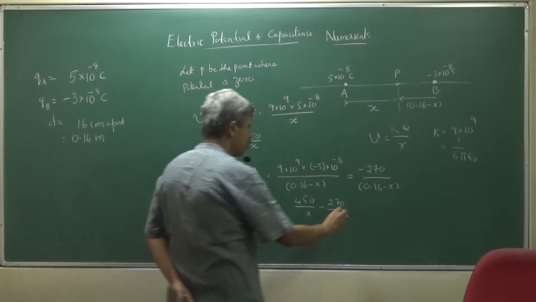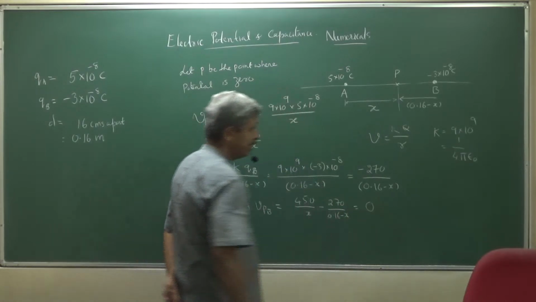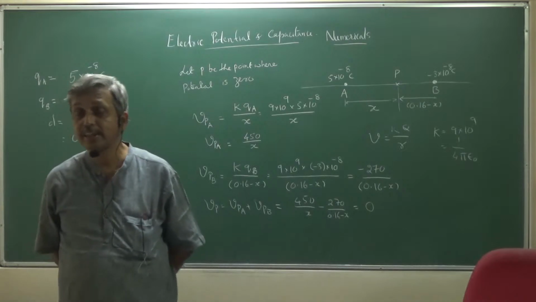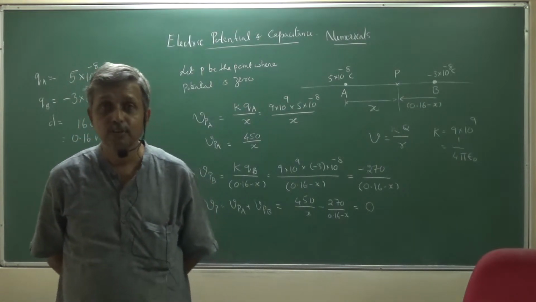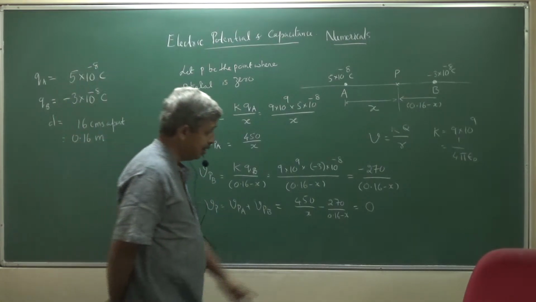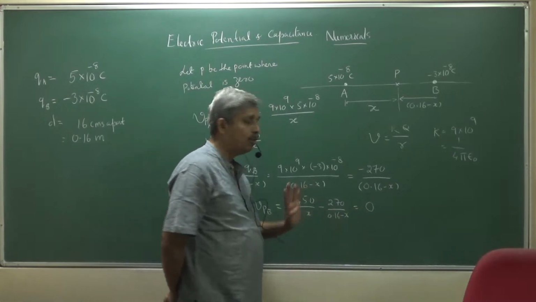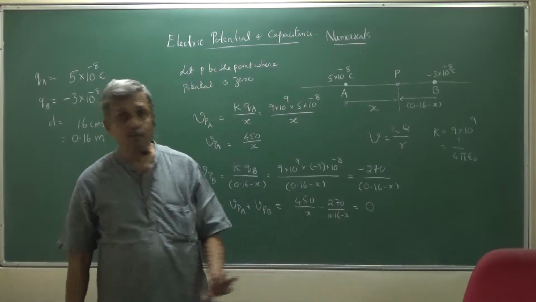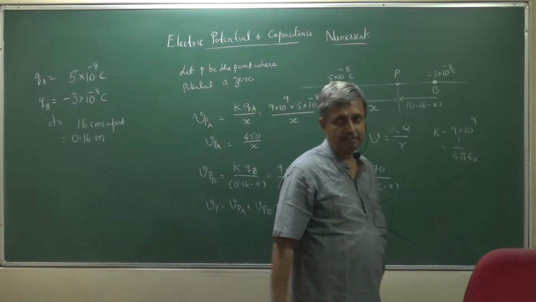And this has to become equal to 0. They are saying, where is the potential 0? So if this is 0, then whatever the value of x, that would be the position where it is kept.